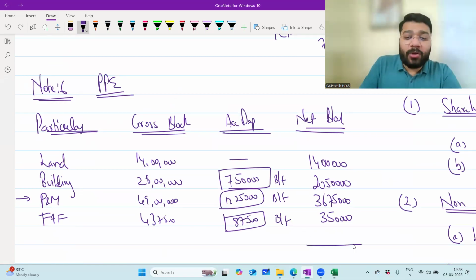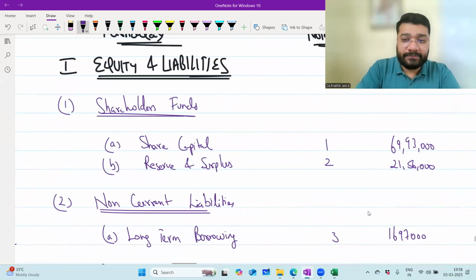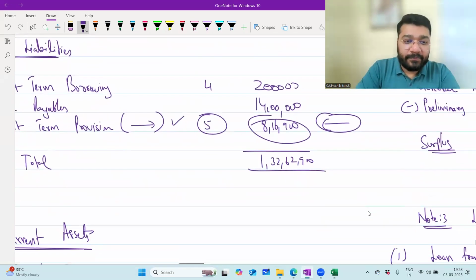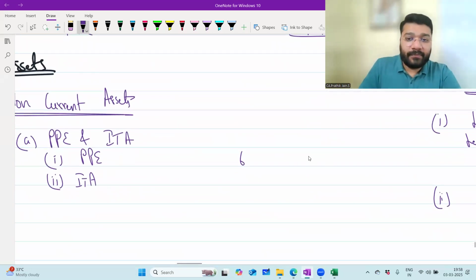So what is the total of the net block? 74 lakh 75,000.